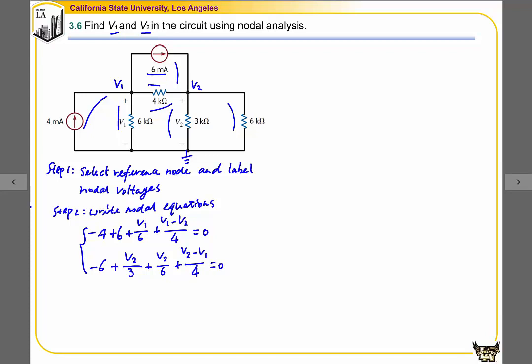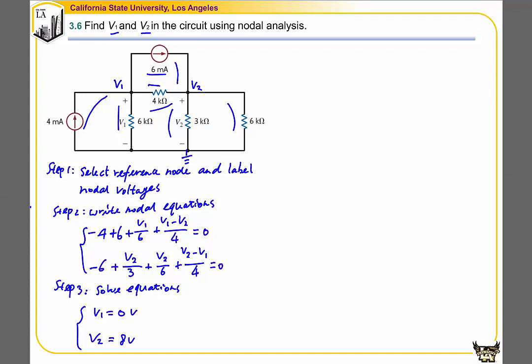So this adds up to 0. Now we have two nodal equations with two unknowns to solve. Step 3, when we solve the equations, we find V1 is equal to 0 volts and V2 is equal to 8 volts.